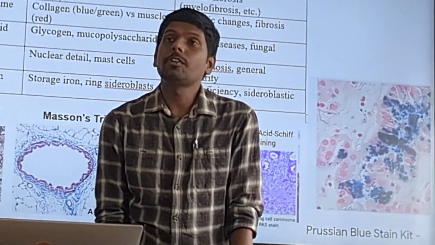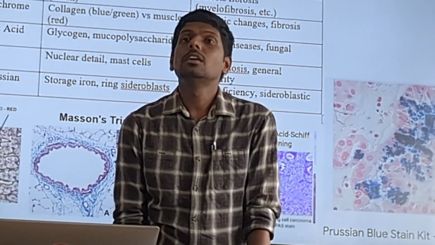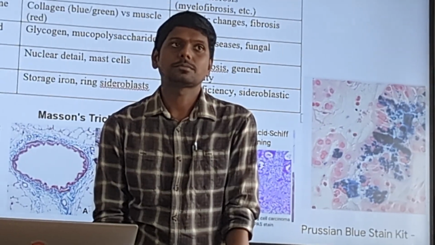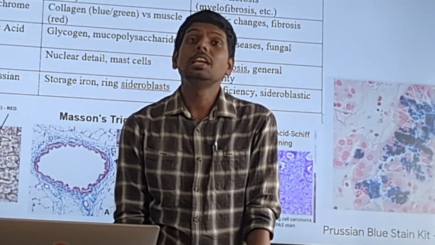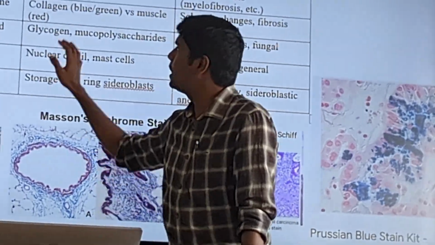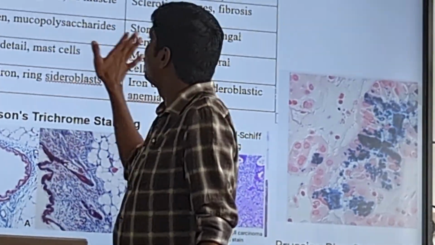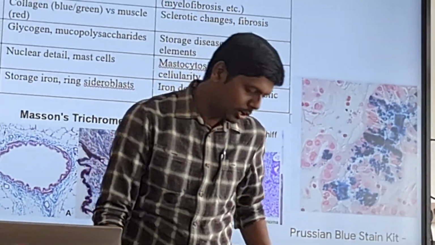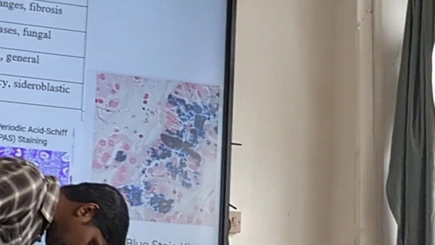This PAS was very good for detecting lymphoid leukemias. ALL and CLL, if lymphoid leukemia cases are suspected, we will go for PAS staining. Lymphoid leukemia will be stained with PAS.